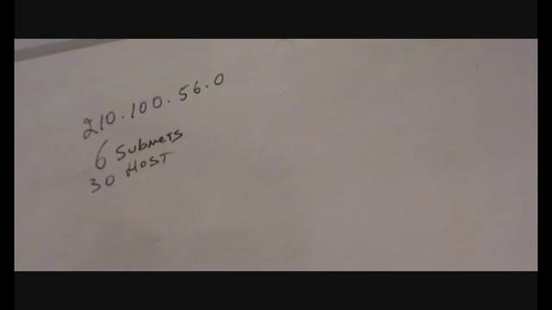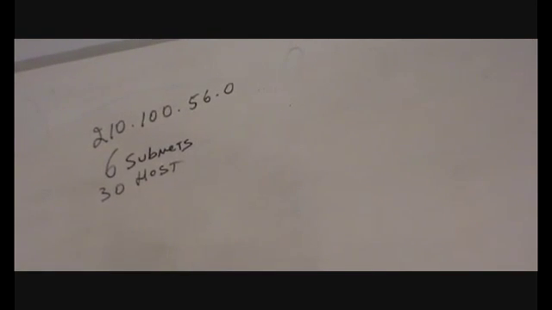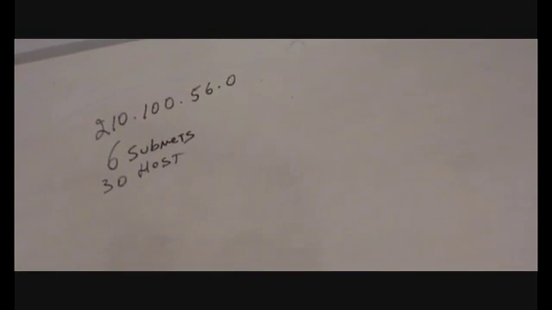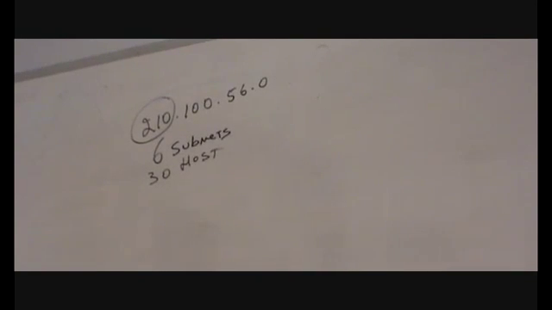And what you would do, first of all, I would need to determine what the subnet mask is. Because I haven't been given a subnet mask, I'm going to assume that I'm using the default subnet mask. This begins with a 210, so what is the subnet mask for a 210 IP address?